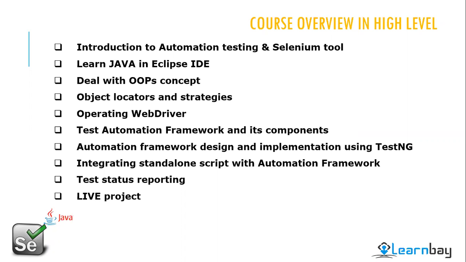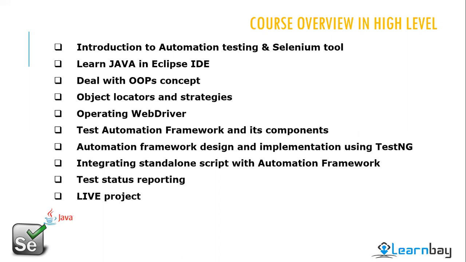From the very beginning, we will start with automation testing introduction. We'll go to Java. We will learn Java in Eclipse. We will understand OOPS concepts, advanced level of OOPS concepts, and how to use them in automation testing. We'll work with object locators and strategies, how to write object locators correctly, and the different types of strategies that are available.